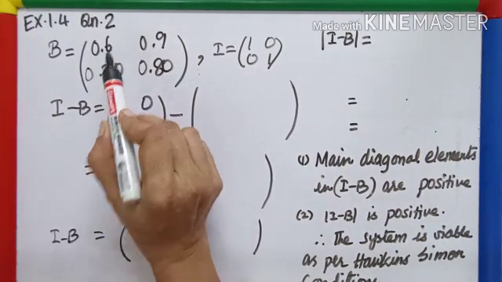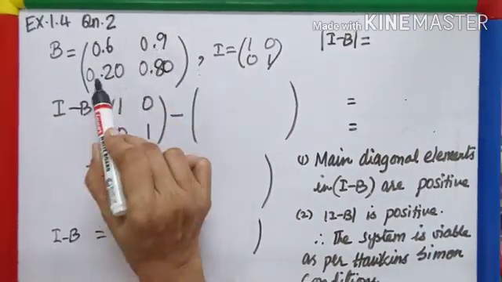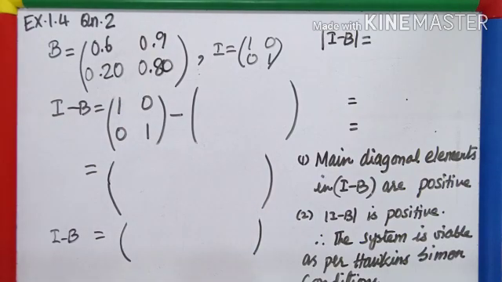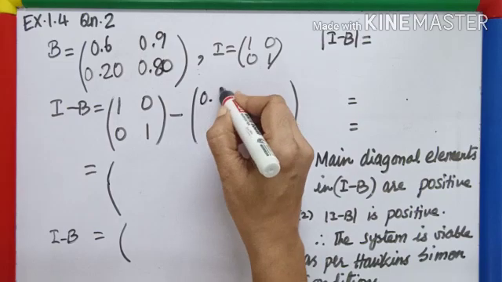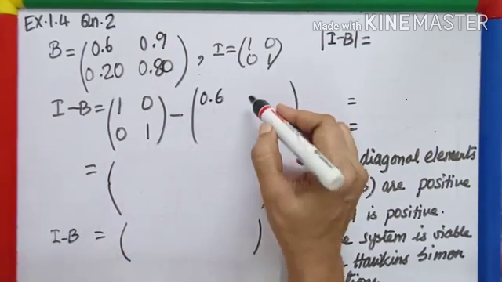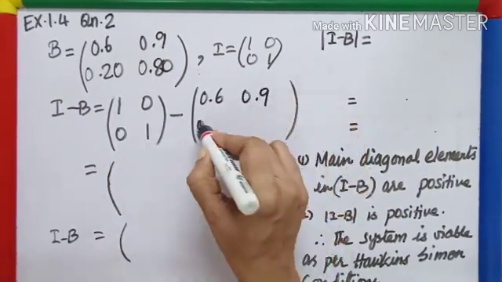Question number 2. 0.6, 0.9, 0.2, 0.8. So we need to find I minus B. So let us substitute. I is 1001.